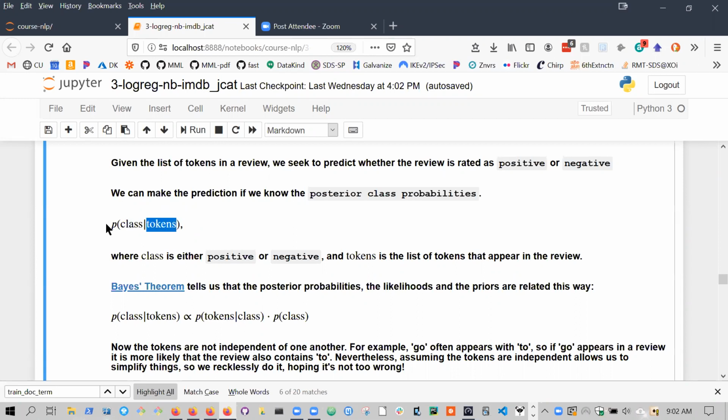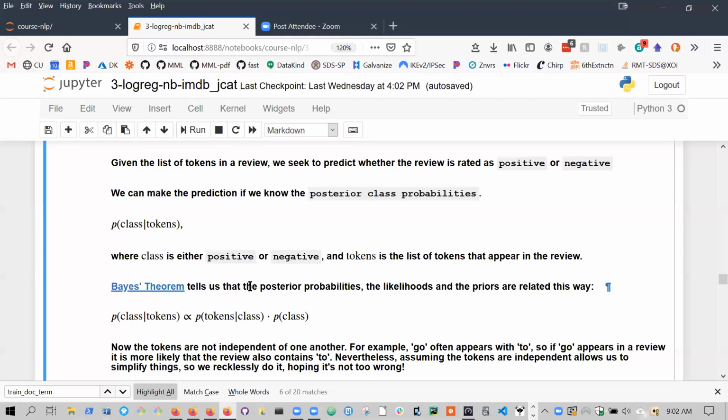So this is what we aim for, P of class given the tokens. And remember, tokens is the bag of words, basically the set of all the words that the review contains. So given that, I want to be able to predict what's the probability that the review is positive or negative. That's what I'm after.